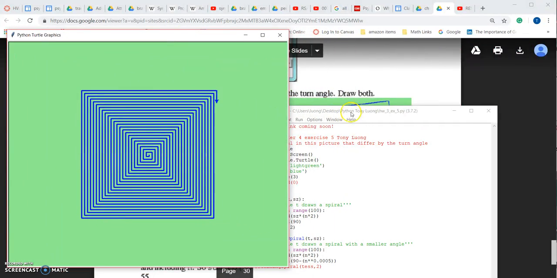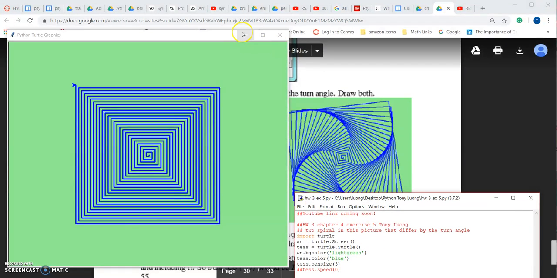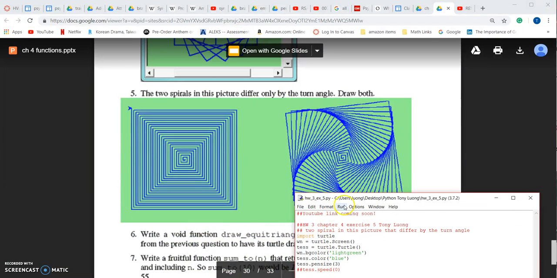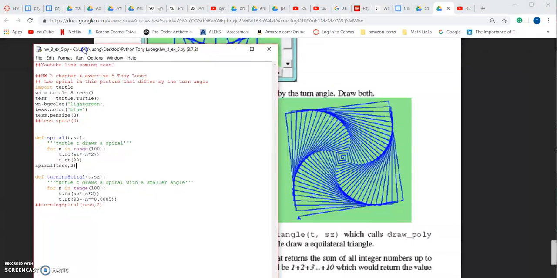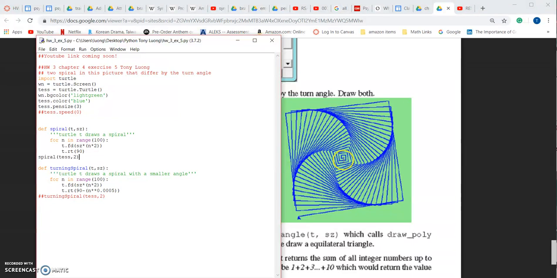While that's working, let's start on the next one, which is the spiral, the more spirals. Like turn spiral. You see the angle gets bigger every time by just a little bit. So we would use turtle T to draw a spiral with a smaller angle.